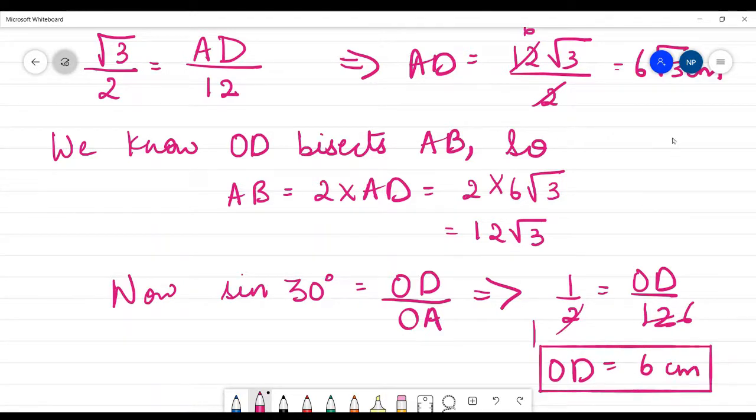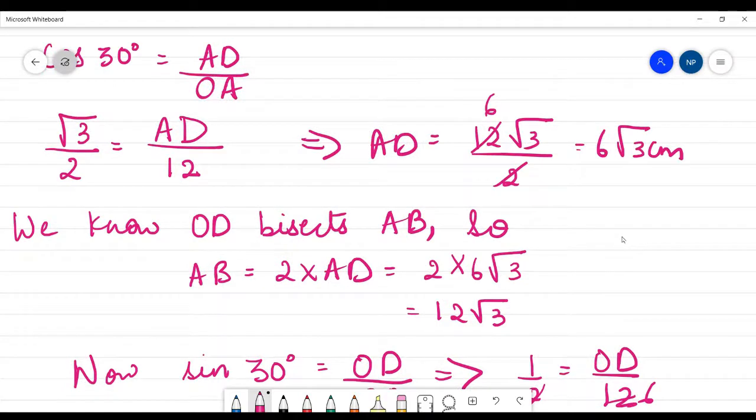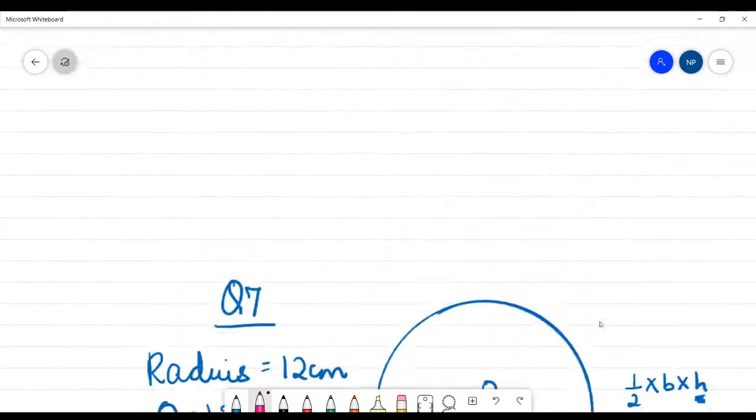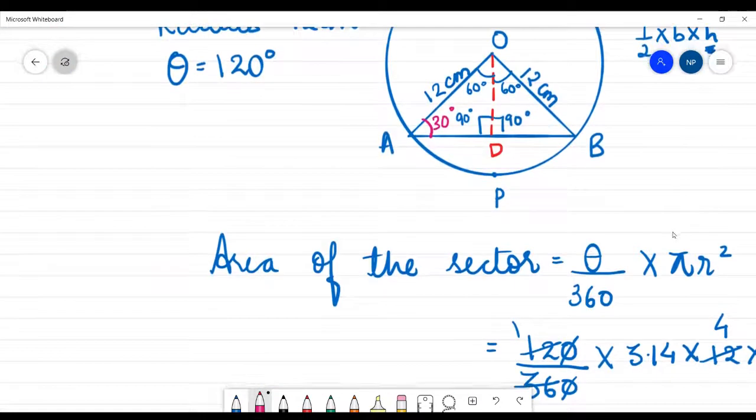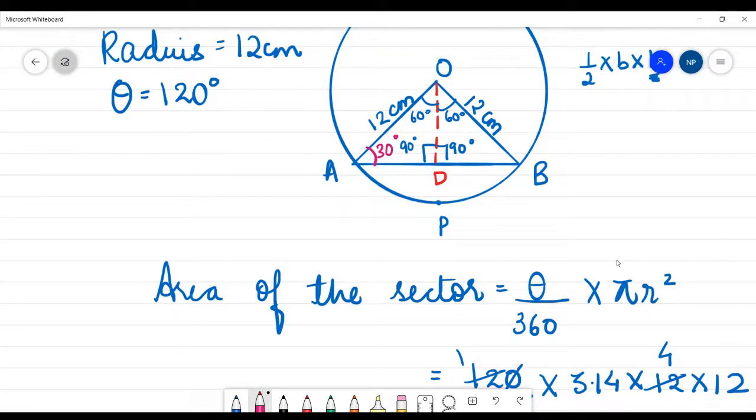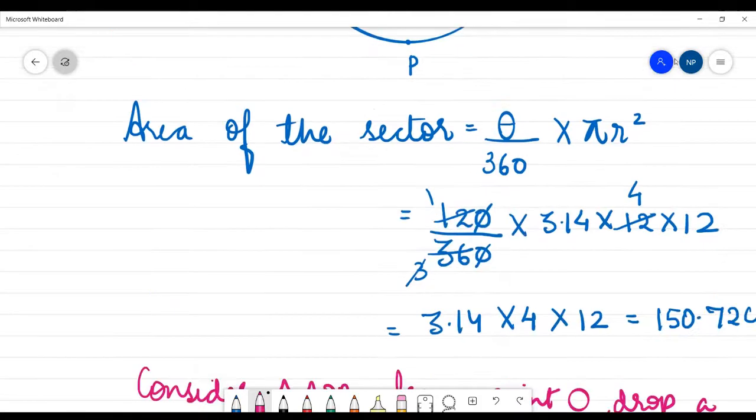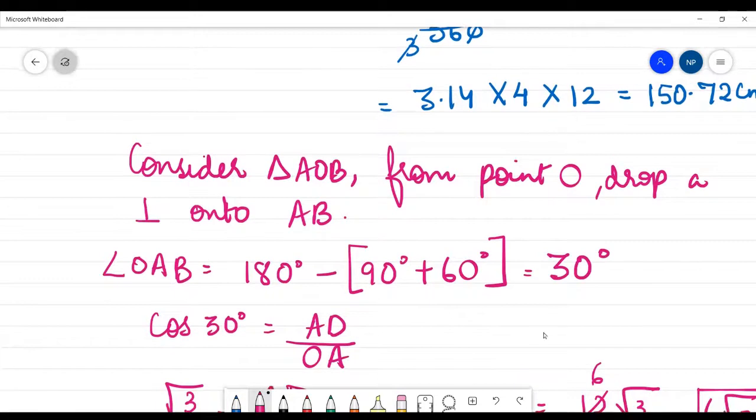Alright. So what values did we require? We required AD, 6 root 3 centimeter, and we required OD. If you see in the diagram, we required OD and AD, isn't it? So now that we have found OD and AD, we will be able to find the area of the triangle, right?